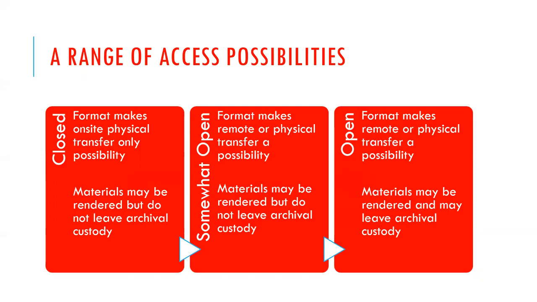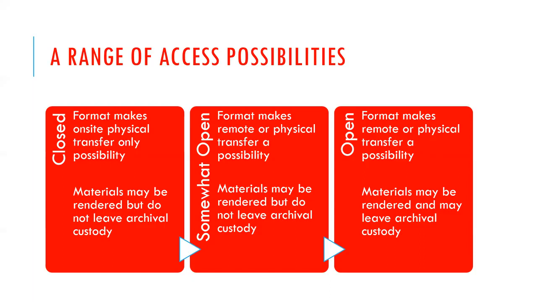So with our closed, we have records in a format that makes the on-site physical transfer of information the only possibility. So again, the Rushdie papers, which I talked about, are really records that are on a format that, as I talked about before, really resists the online transfer of information.